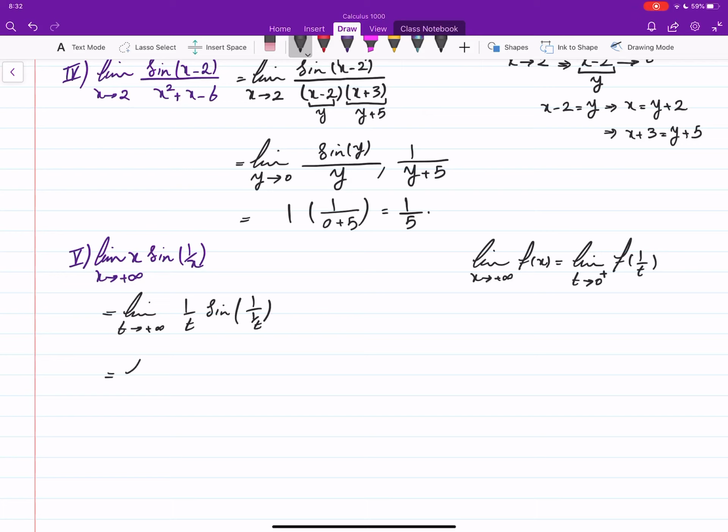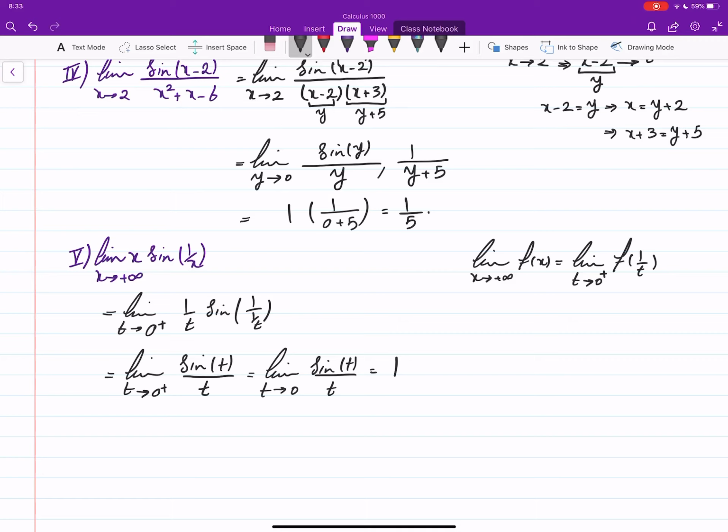And this gives us the limit as t goes to 0 plus, not infinity anymore, of sine of t over t. So this has a limit. The left limit and right limit are equal, and I don't need to consider a one-sided limit. That's the limit we have.